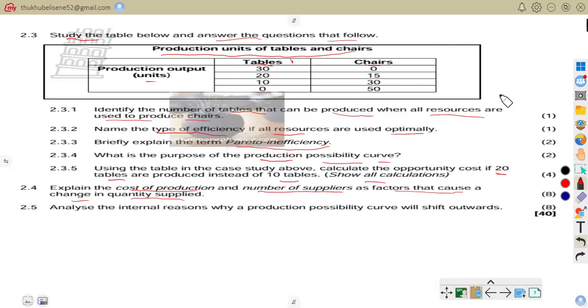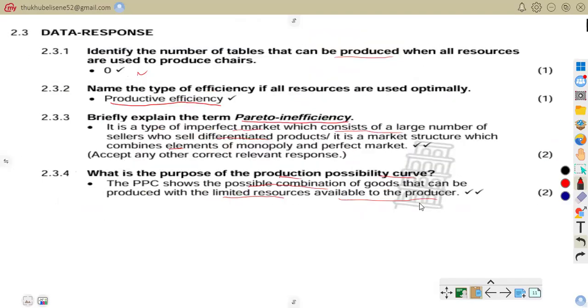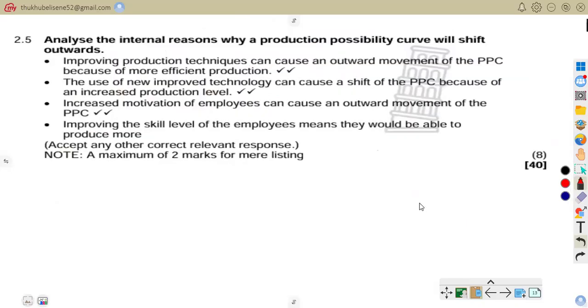Question 2.5 says, analyze the internal reasons why the production possibility curve, that is PPC, will shift outwards. So first, improving production techniques can cause an outward movement of the PPC because of more efficient production.